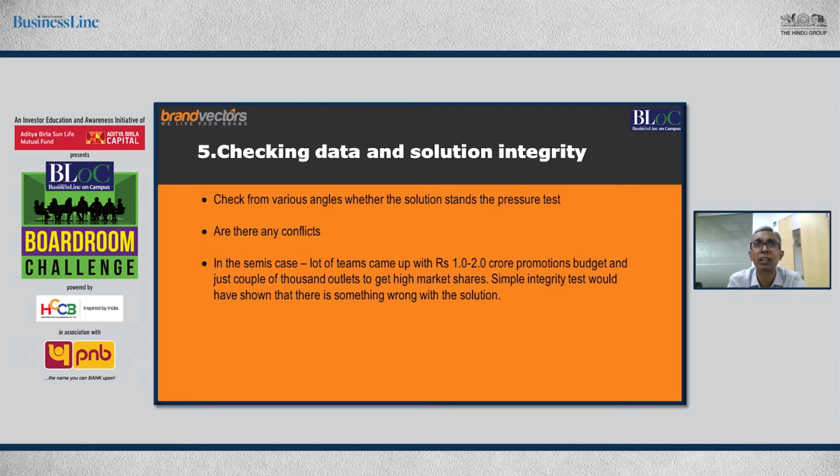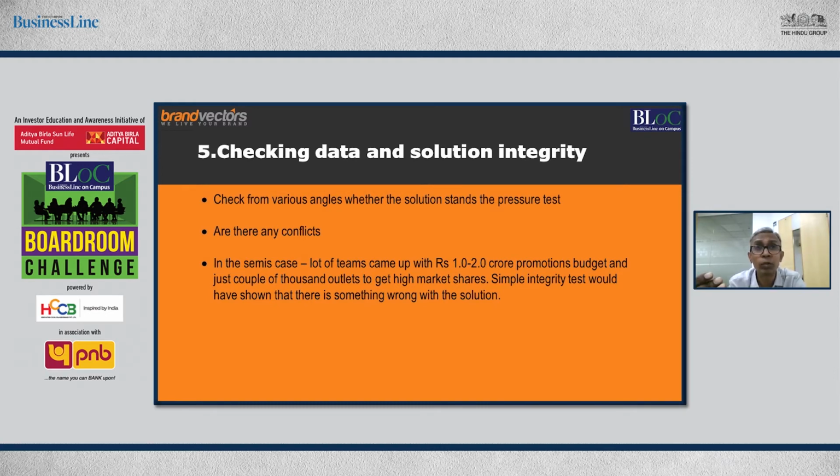So obviously, there's been some error in the logic over there. So checking the data and the solution integrity is very critical. It's not just about mistakes. So how do you do it? You test it out from various angles. One would be from your calculation angle.